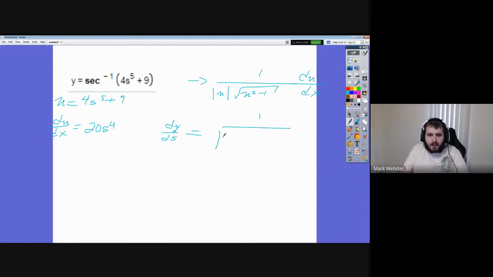The absolute value of 4s to the 5th plus 9 times the square root of 4s to the 5th plus 9, the quantity squared, minus 1. And then times the derivative, which is times 20s to the 4th.